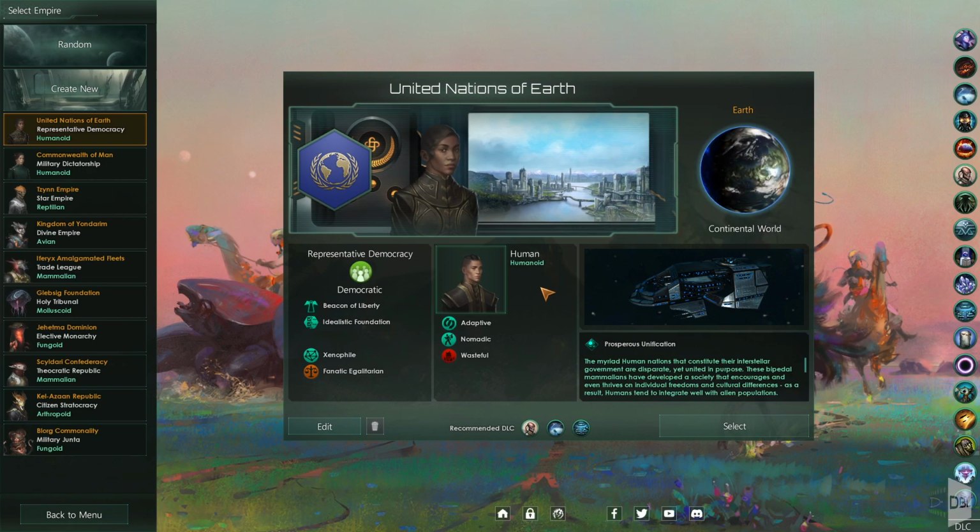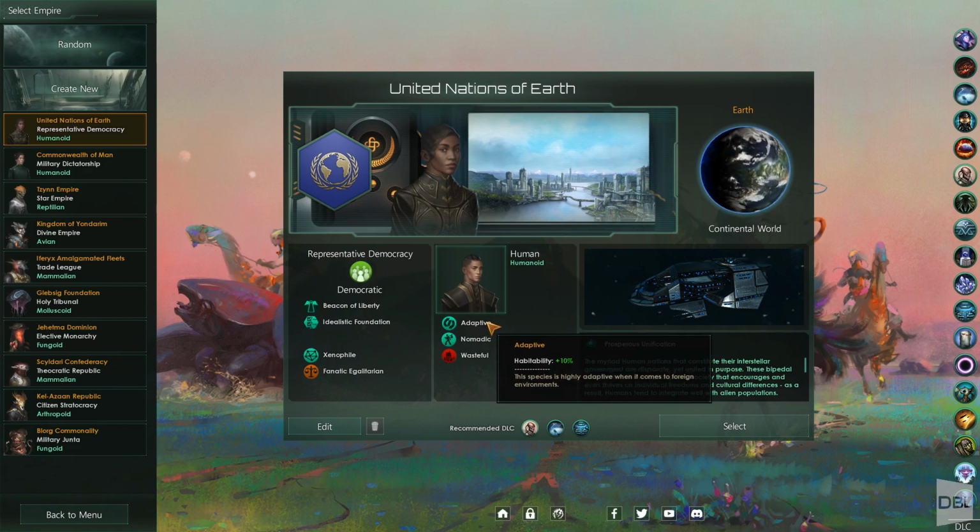Oh, I just noticed. This is crazy. This is probably going to be the whole stream. I just noticed over here on the left side, I have to choose, I guess, who I want to be. Wow, this is a lot of reading. So they're humanoids, adaptive, habitability +10.